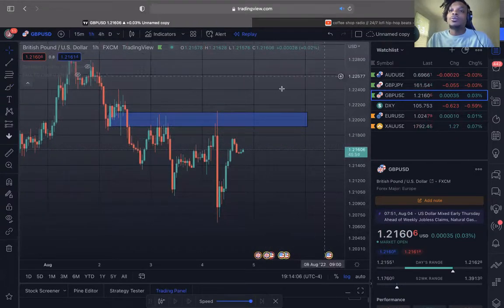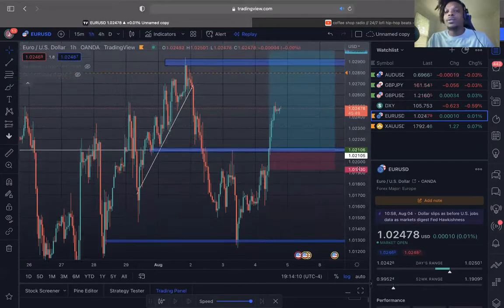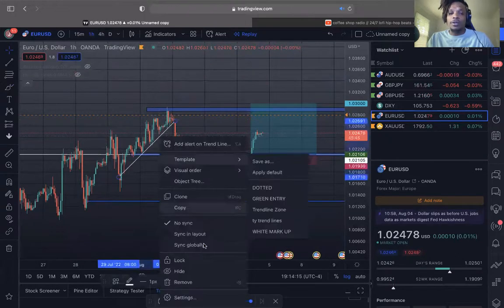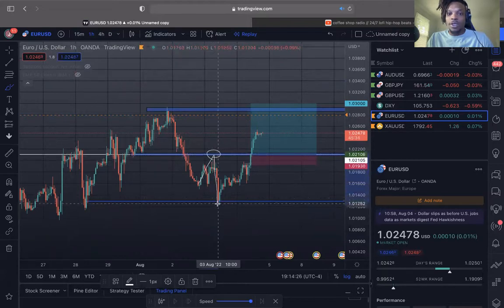So what saved me was Euro USD. It gained my losses plus some. Some of you guys are probably wondering, why did you buy Euro USD? Originally, I had my setup right here. I wanted the market to come back up and sell at this area, and of course it sold at this area.